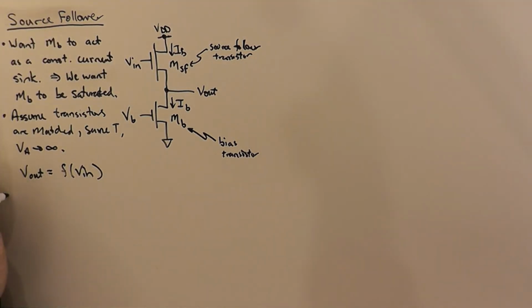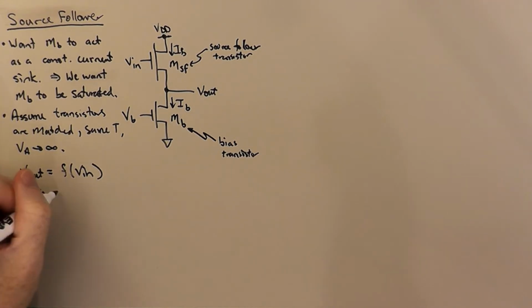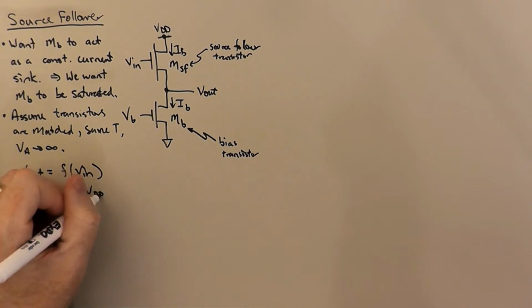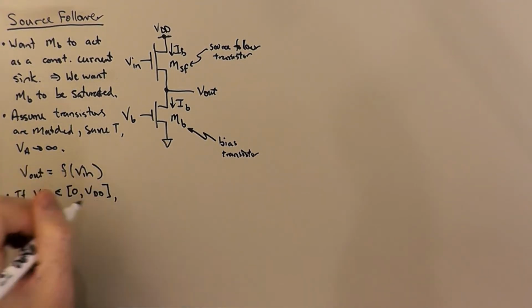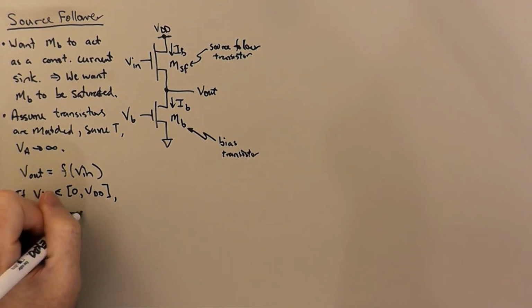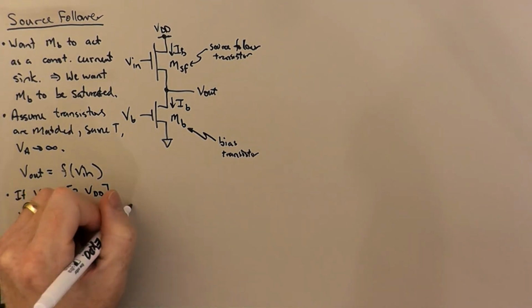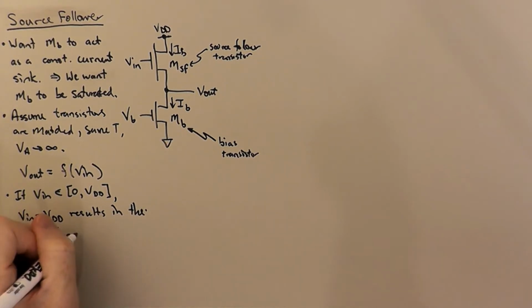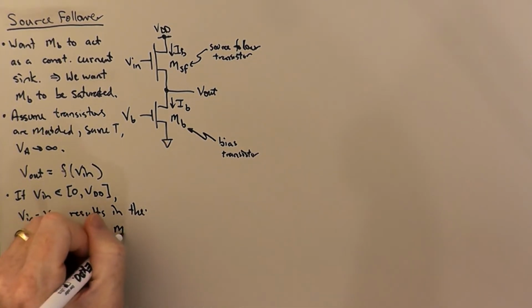So if Vin is in the range of, say, 0 to VDD, Vin equals VDD results in the least VDS across MSF.